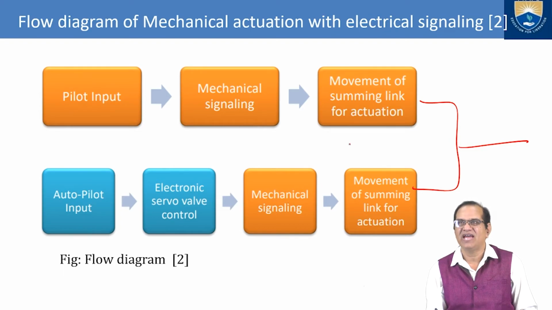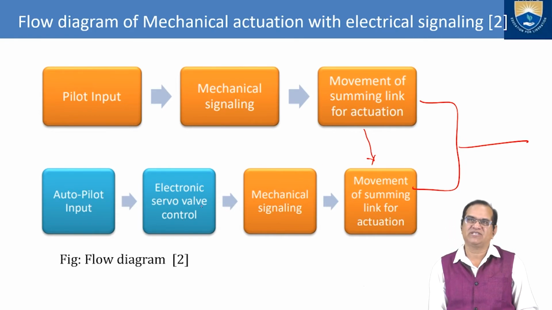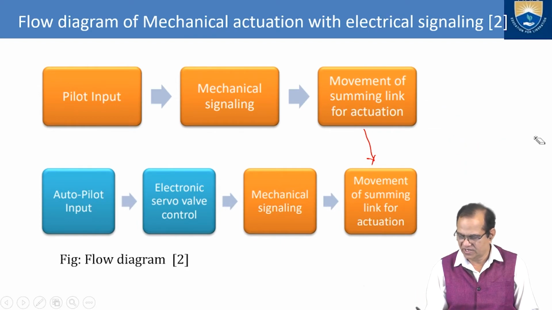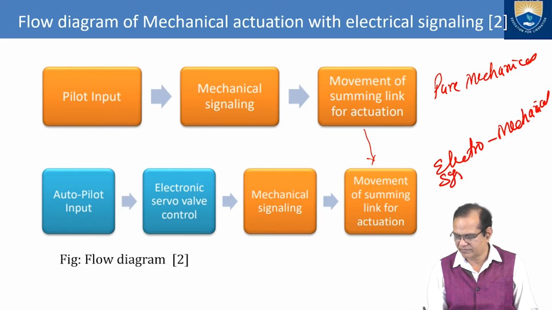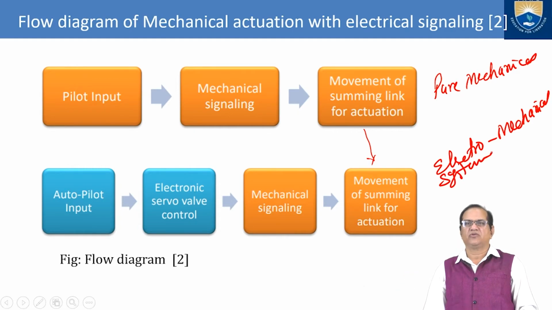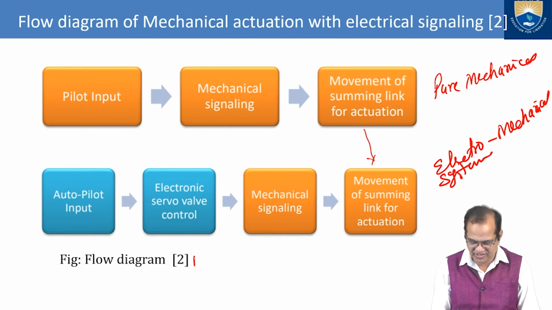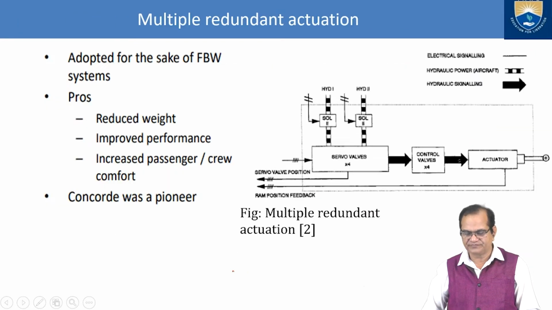Here is the same, and this is the same. So both types of systems. This one is pure mechanical or conventional. This is the electromechanical. So these are shown, and here reference number 2 is given.